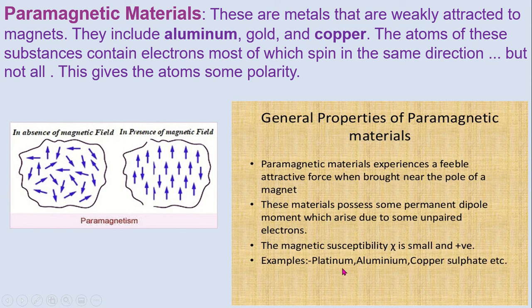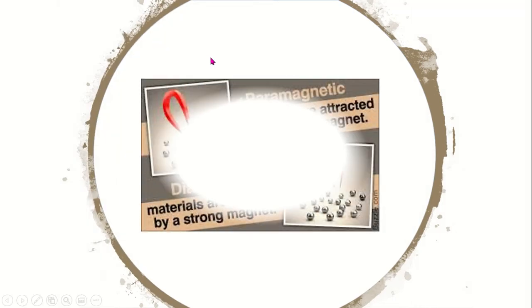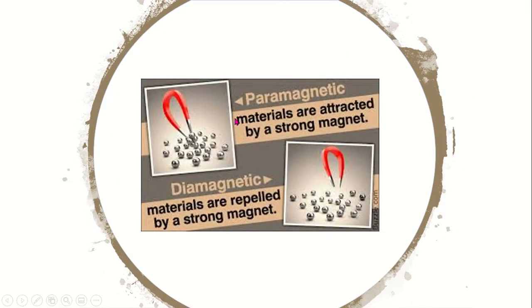Examples of paramagnetic materials: platinum, aluminum, copper sulfate, etc. Here you are seeing paramagnetic materials are attracted by a strong magnet, but diamagnetic materials are repelled by a strong magnet.